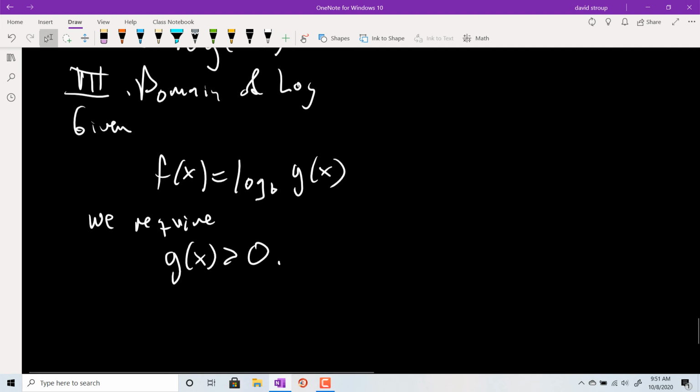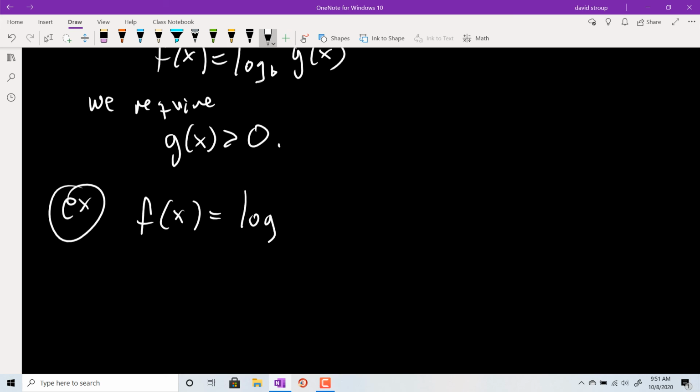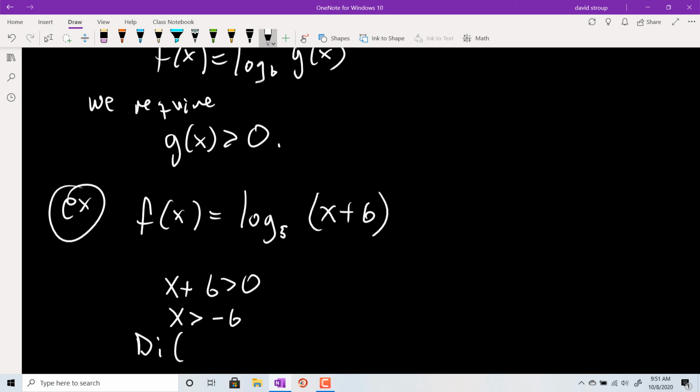For example, in this problem we have f of x equals log base 5 of x plus 6. We need to make sure that x plus 6 is greater than 0. In other words, x is greater than -6, and that means the domain goes from -6 to infinity.